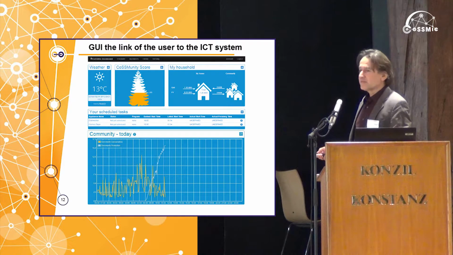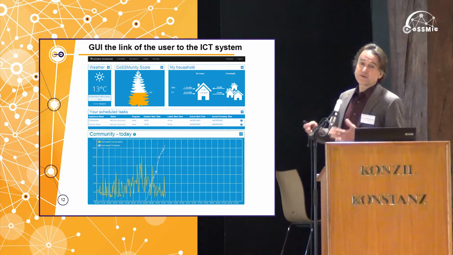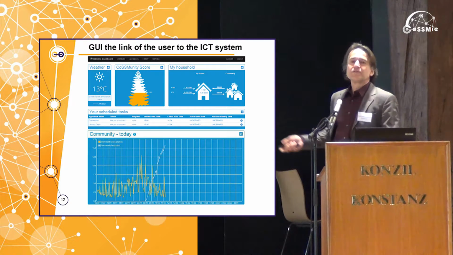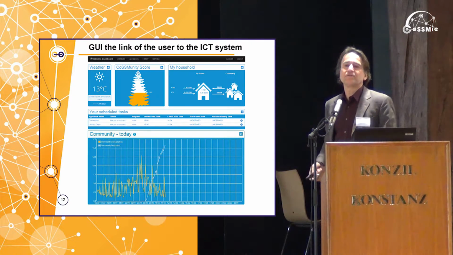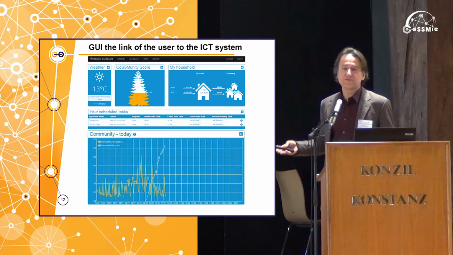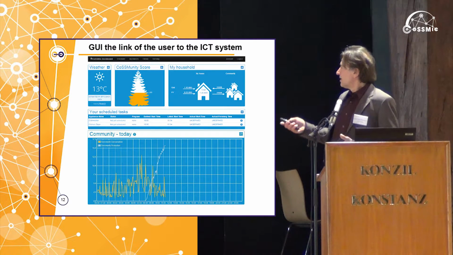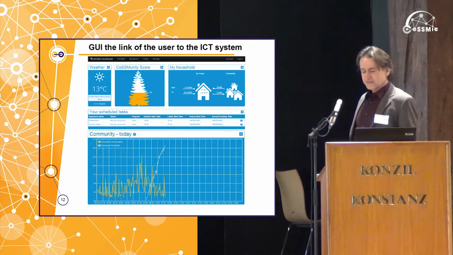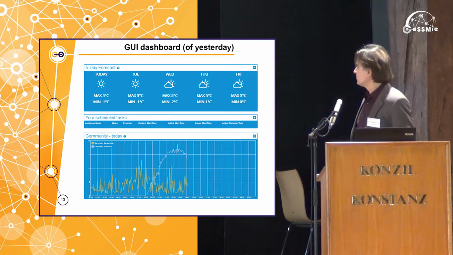And a scheduling system, that we are still working on, so that we can say, okay, we would like to run a dishwasher with the earliest starting time and the latest starting time, or we would like to have it ready at a certain time.